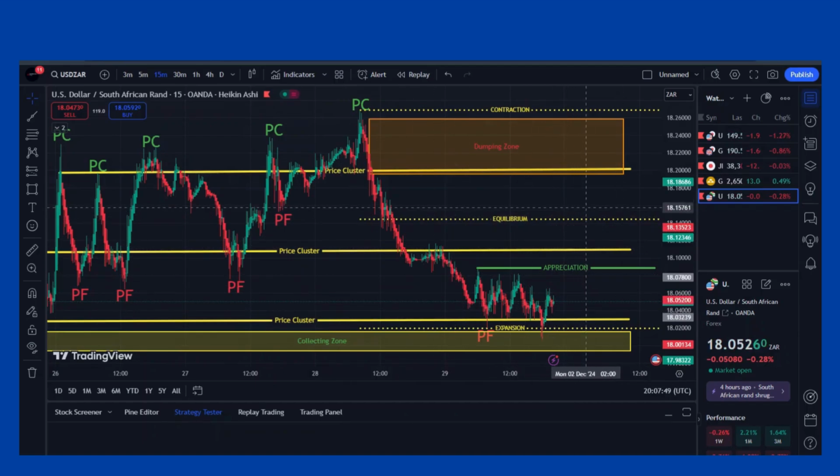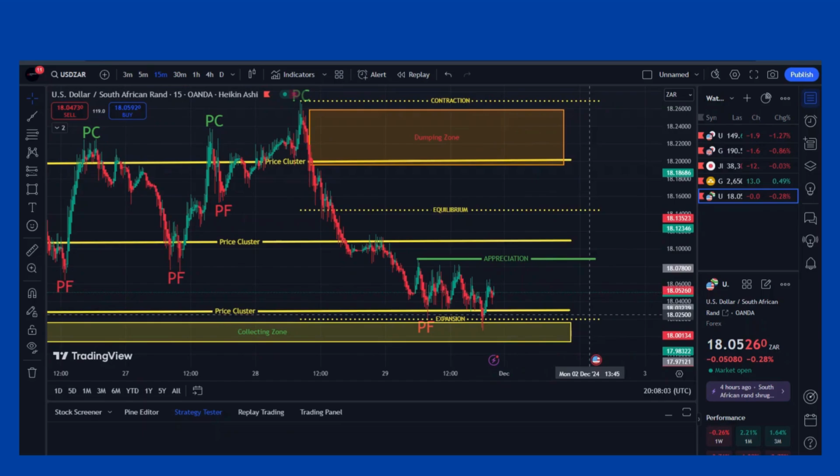With this price clutter, I know that price normally comes to this position, breaks it, and retests the furthest position. You can see here it retested the furthest position, which is this one, and moved to the upside.